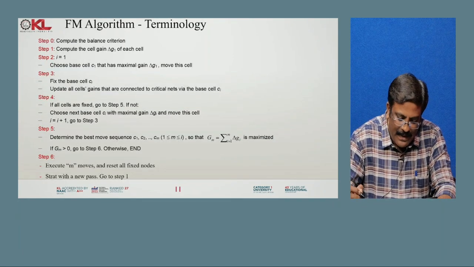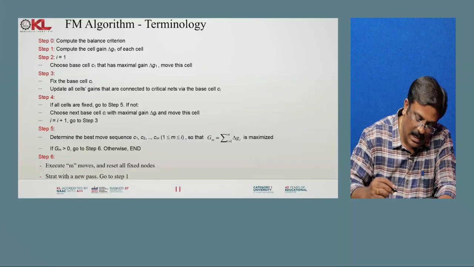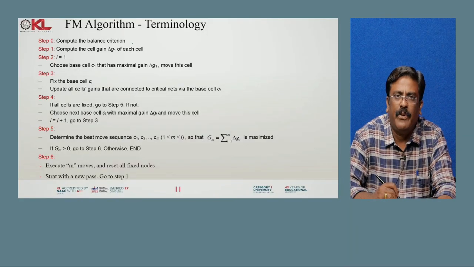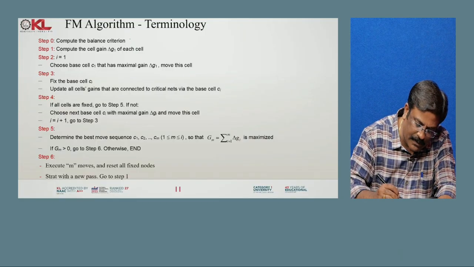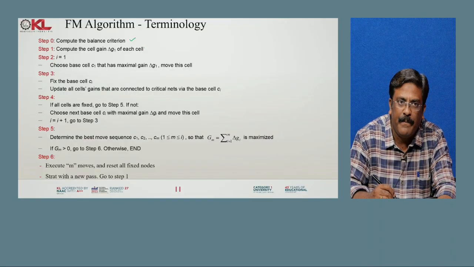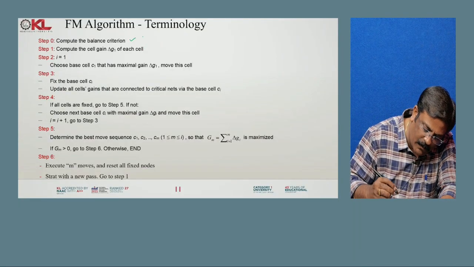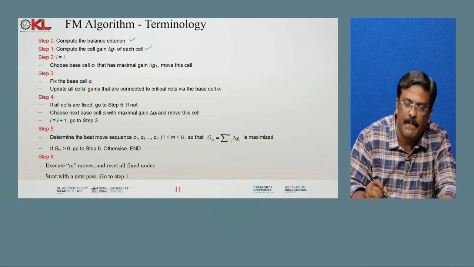Next, let us understand the steps and procedure we should follow. If a problem is given to solve using the FM algorithm, the first step is to compute the balance criteria using the ratio factor. In step 1 we compute the gain of each and every cell.